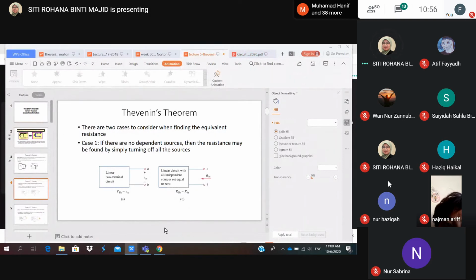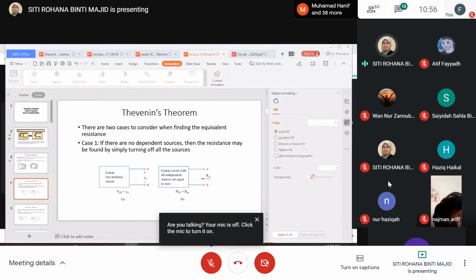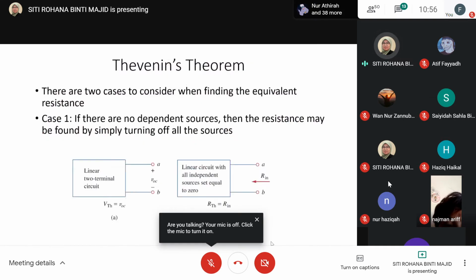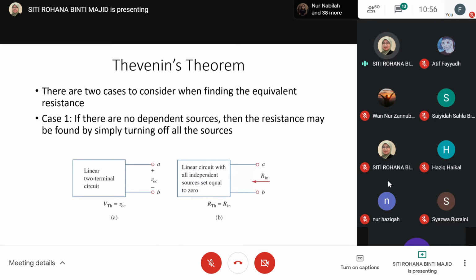So we already know how to calculate current and also voltage, and also the element parameters using mesh analysis. I hope at this point you can see the difference between mesh analysis and nodal analysis. Okay. So now my question: what is the main difference that you find between mesh analysis and nodal analysis?